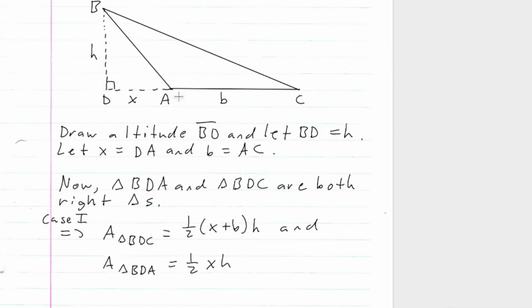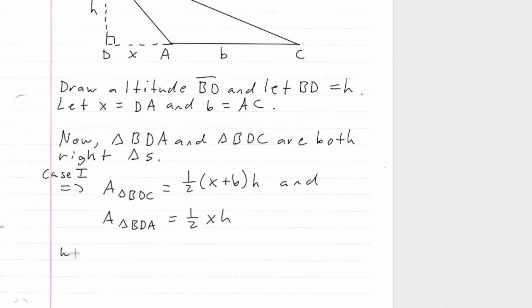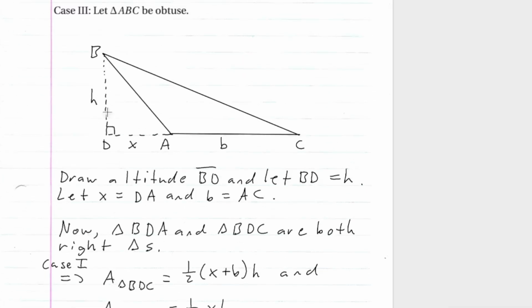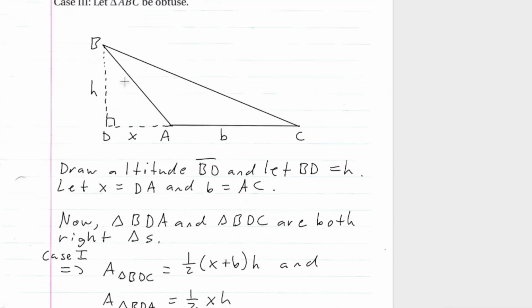So we know the area of triangle ABC is going to be the area of triangle BDC minus the area of triangle BDA.